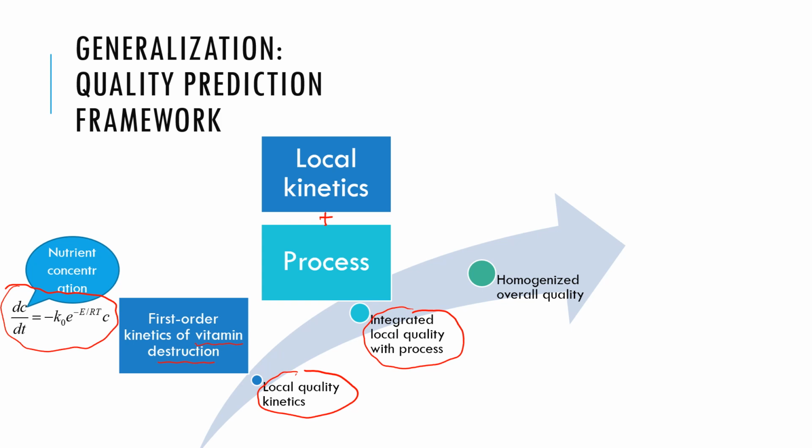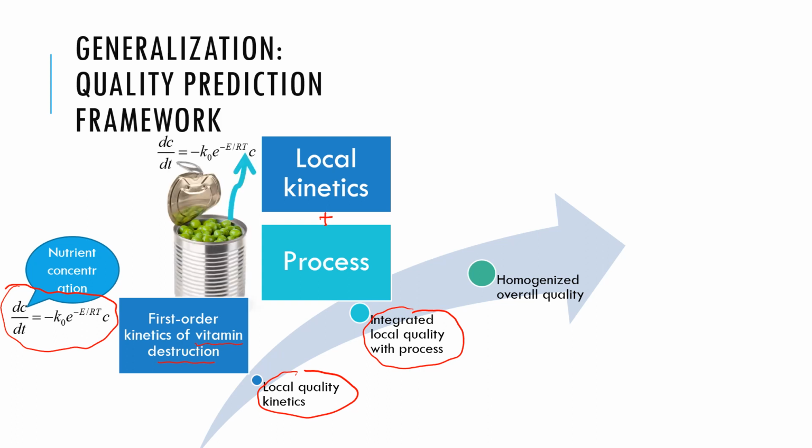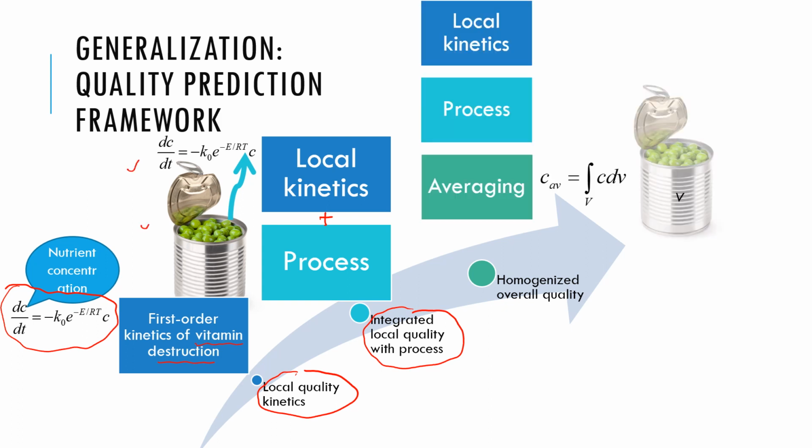So what do we do? We go for some averaging. So we combine the local kinetics and process, and then we do this way of averaging. This is how averaging is defined in this case, very easy, but for some other quality characteristics we'll see that averaging is not so easy to define.